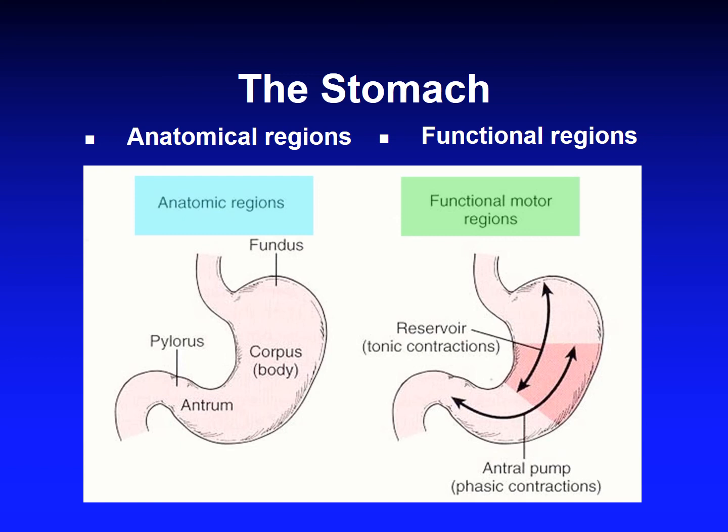The reservoir is tonic contraction, which occurs for a longer period of time, versus the antral pump is a phasic contraction, which means that it happens in seconds.